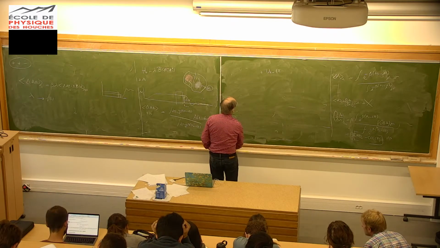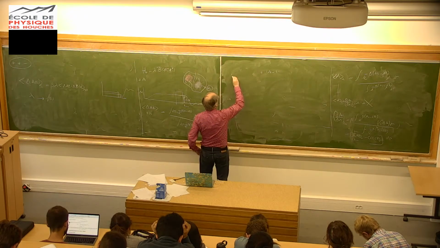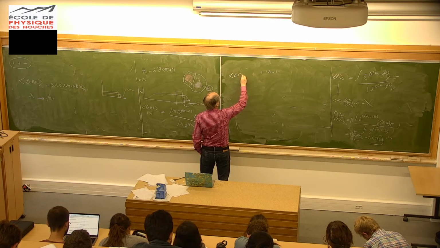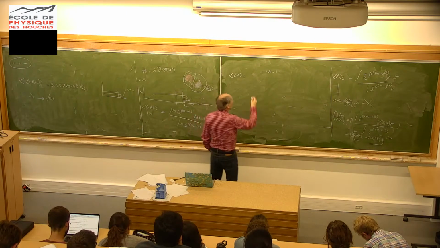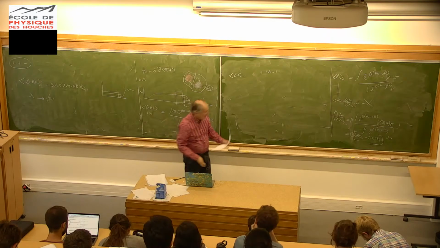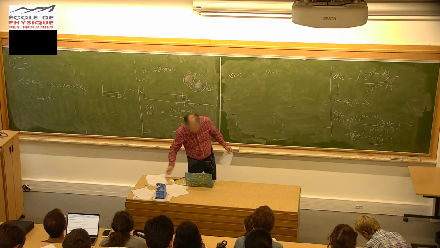It's only a word, and the only thing that it says is the following: if I want to know the response of a quantity A to a time-dependent perturbation that couples to a quantity B, then it looks as follows.